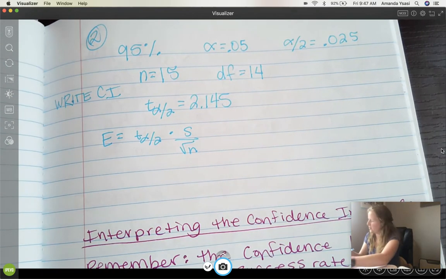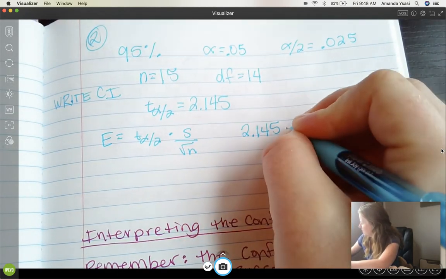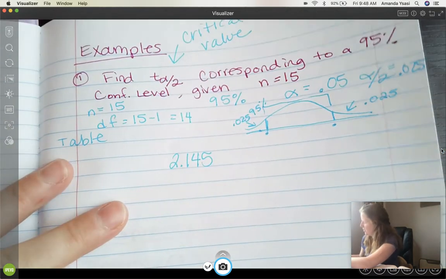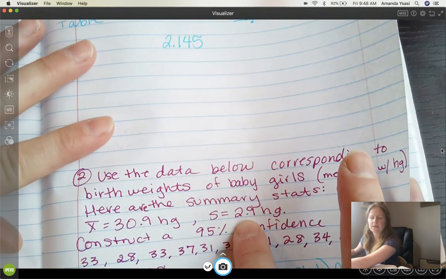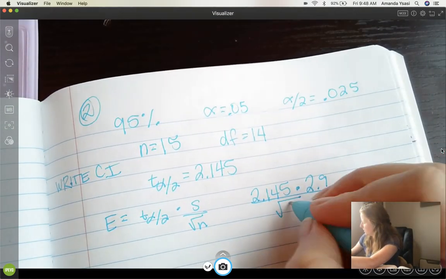So now we just plug in 2.145 times s, which was 2.9. Sorry, I can't see that. 2.9 over square root of 15.